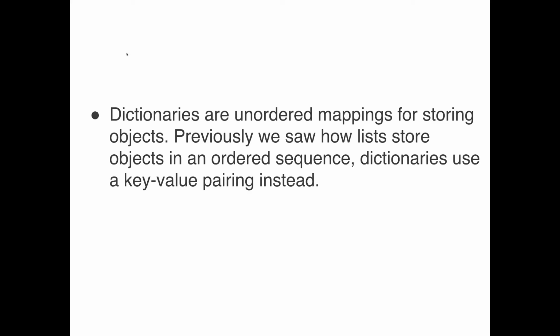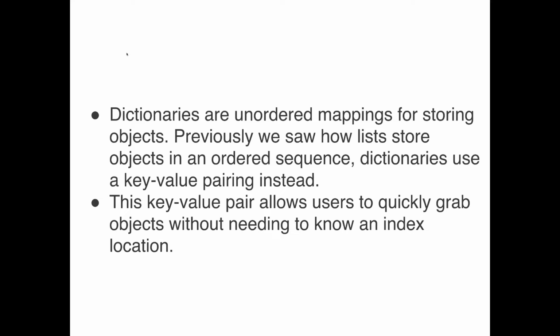So what are dictionaries? Dictionaries are unordered mappings for storing objects. Last time we saw a list where objects are stored in an ordered sequence, but dictionaries use key-value pairing instead of ordered sequences. This key-value pair allows users to quickly grab objects without needing to know an index location.